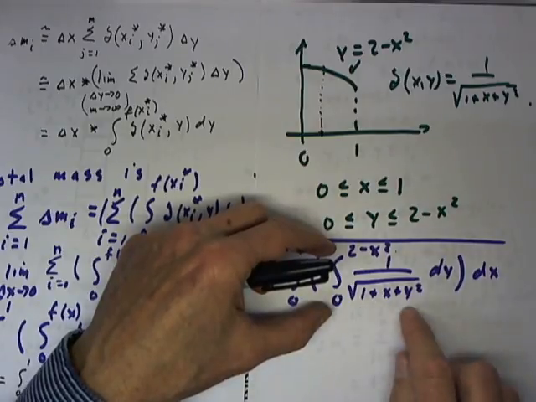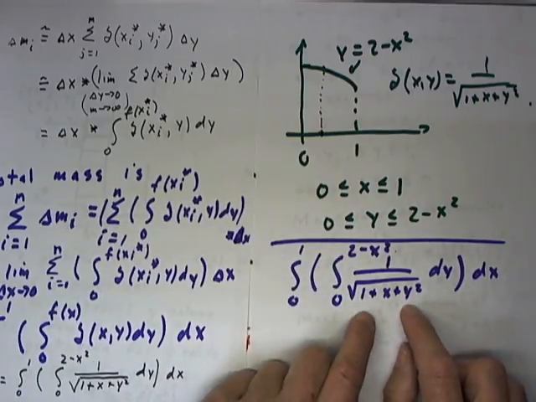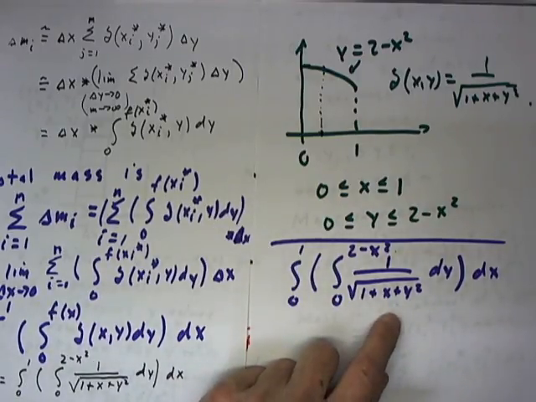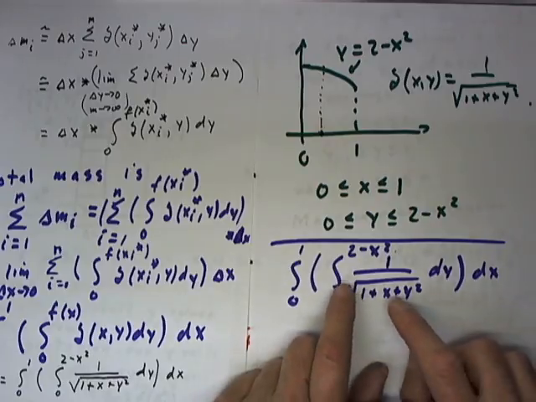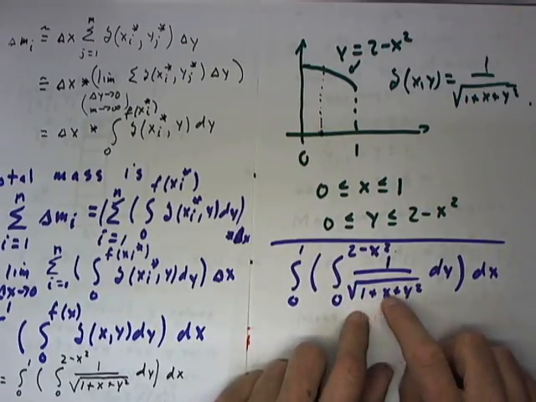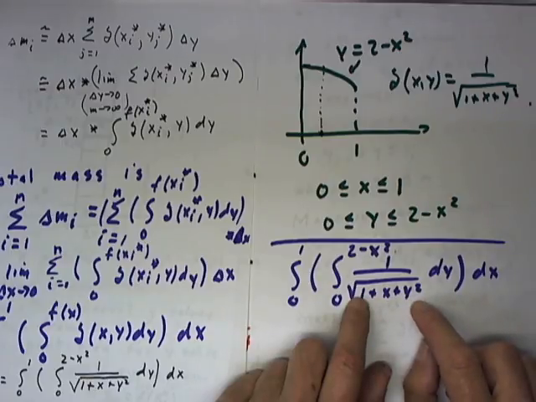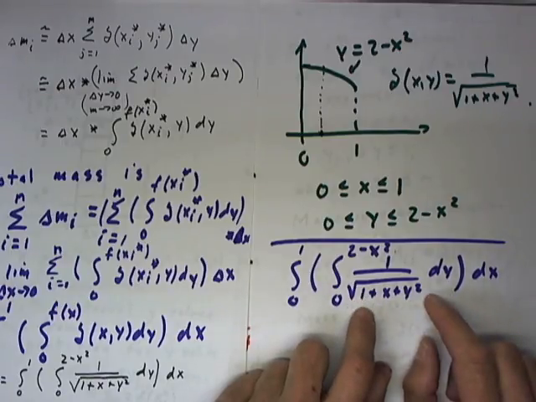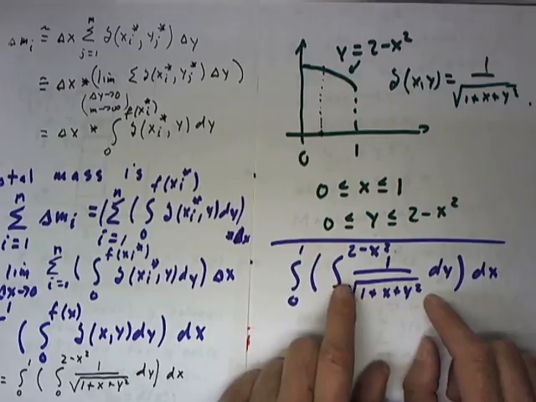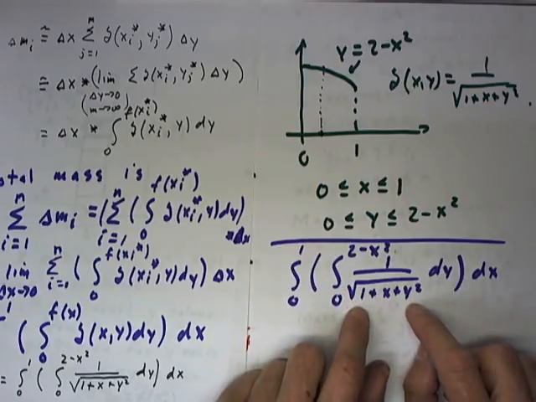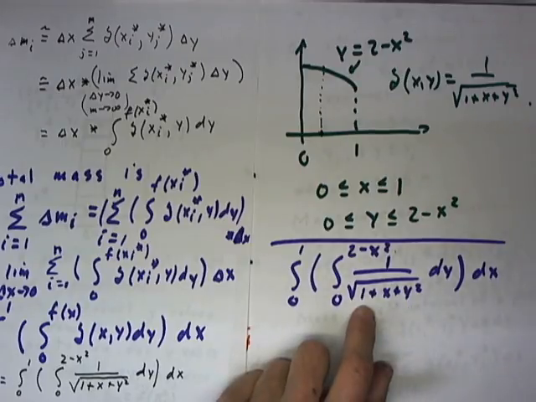Now again, I'm not going to integrate this function. It's not going to be too difficult to integrate. We're going to have 1 over the square root of 1 plus x, which can be regarded as a constant, plus y squared. With a change of variable, we're going to make that into a 1 over the square root of 1 plus u squared, and that's going to be an inverse sine.